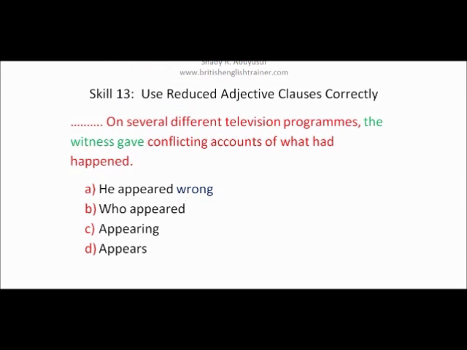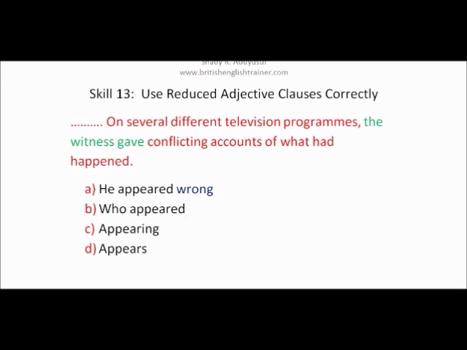Let's move to number B. Who appeared on several different television programs, the witness gave conflicting accounts of what had happened. Now, we can't take that. We can't say who appeared. If you put who appeared like that, that would be a noun clause working as a subject.